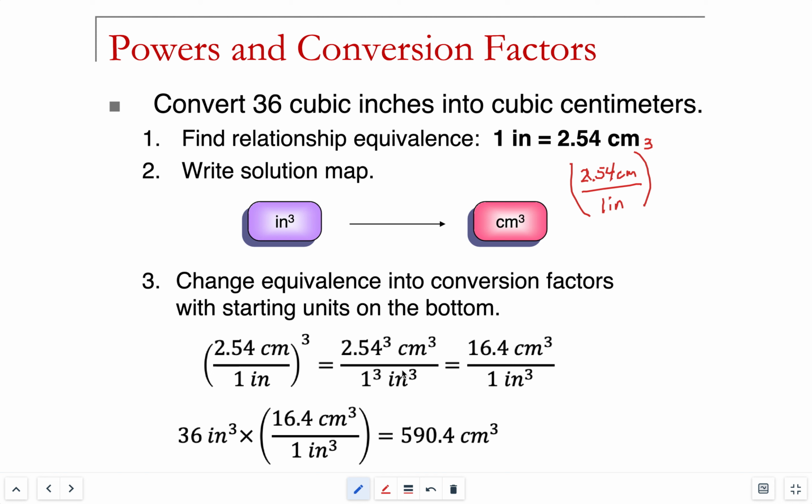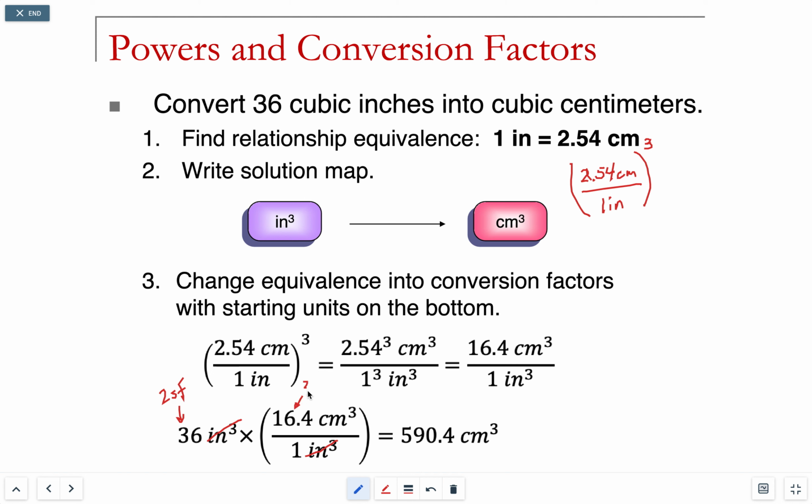So when we solve this problem, we start off with our input, 36 cubic inches. We write what we're trying to get to, some number cubic centimeters. This is the conversion factor we want to use so that cubic inches cancels, and the only unit we have is cubic centimeters. So we get out our calculator, we take 36, multiply by 16.4, keeping track that this is 2 significant figures.